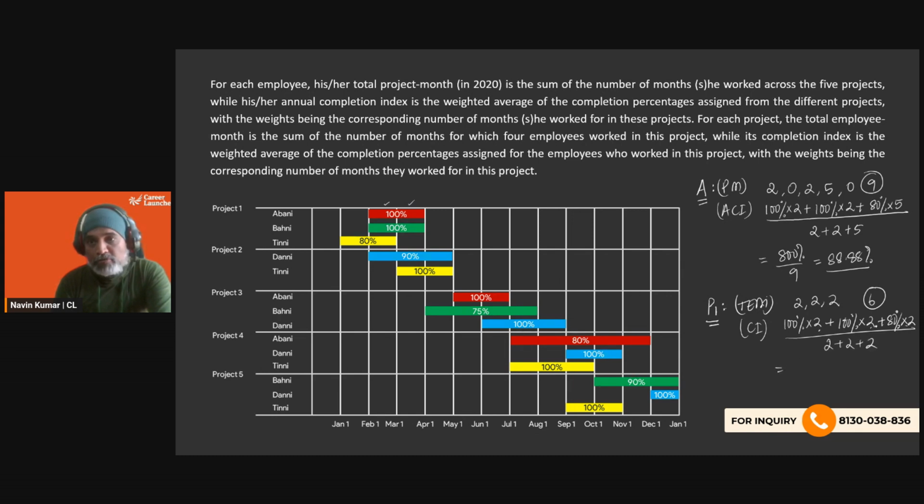So this is going to be 400 plus 160, so 560 divided by 6 percentage. So this is going to be 280 divided by 3 percentage. So this is going to be 93.33 percentage. Sorry, 93.33, not 91.33.